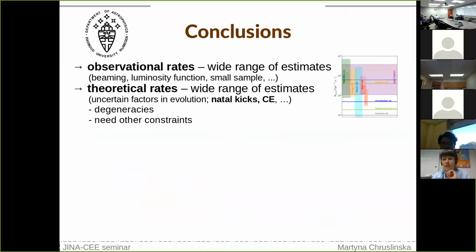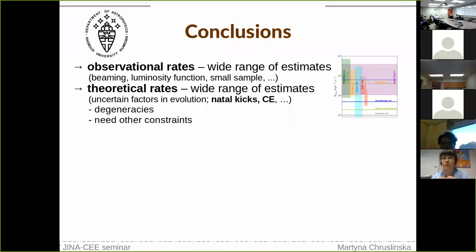So to summarize, I first discussed briefly observational estimates of double neutron star merger rates, which deliver a pretty wide range due to selection effects, things like beaming, luminosity function, and small sample.